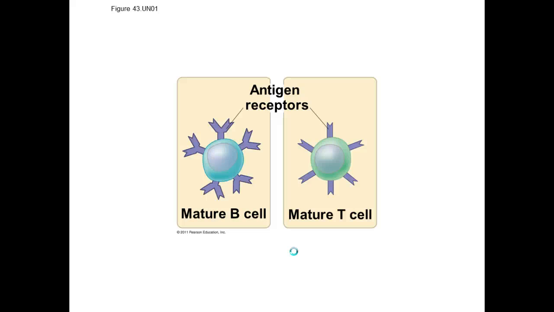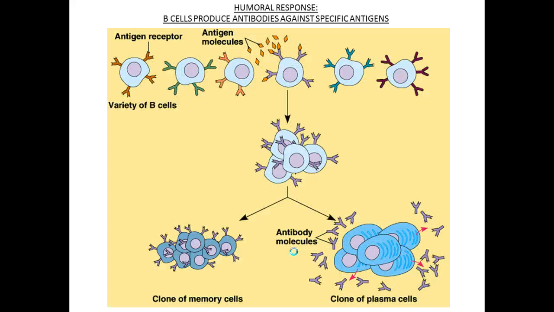On these B cells and T cells, there are receptors, and these are receptors that are going to recognize that particular pathogen. So in the humoral response, you have a variety of B cells that have these antigen receptors that will recognize that particular antigen.